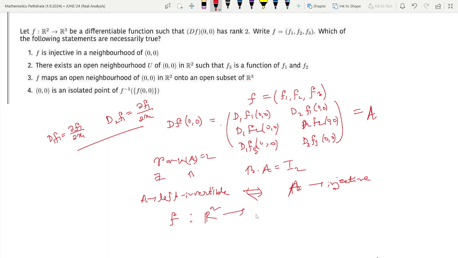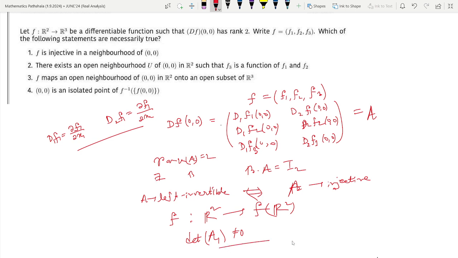And so if we consider this function from R2 to R2, then this f will be bijective. Sorry, this f will not be bijective. Actually, for this f, the derivative map, if we denote it by a1, then this a1 will be bijective, and det a1 is not equal to 0.